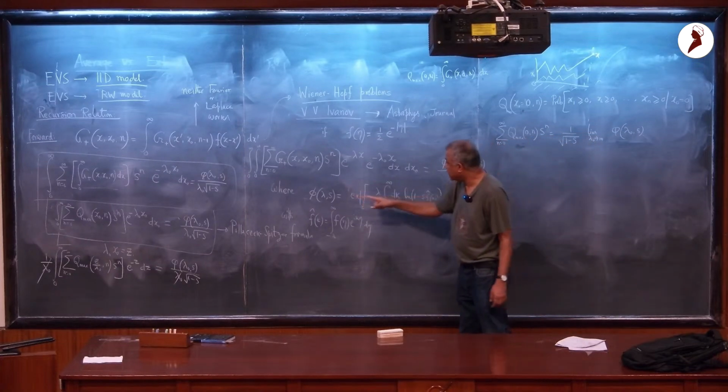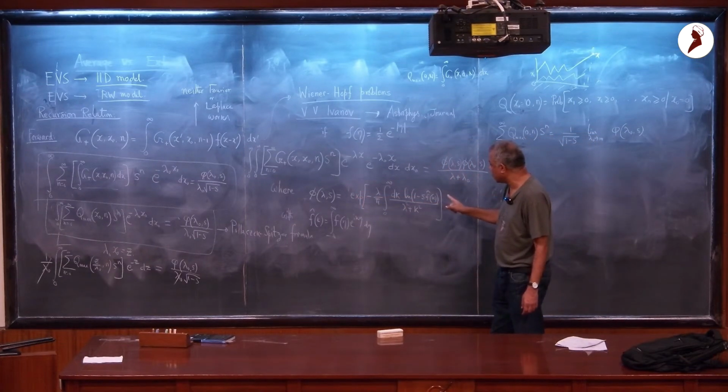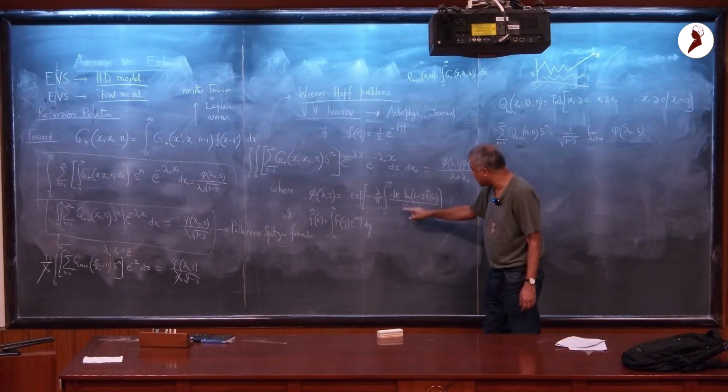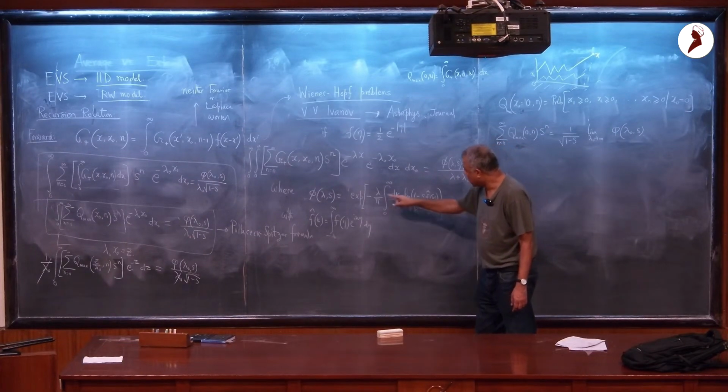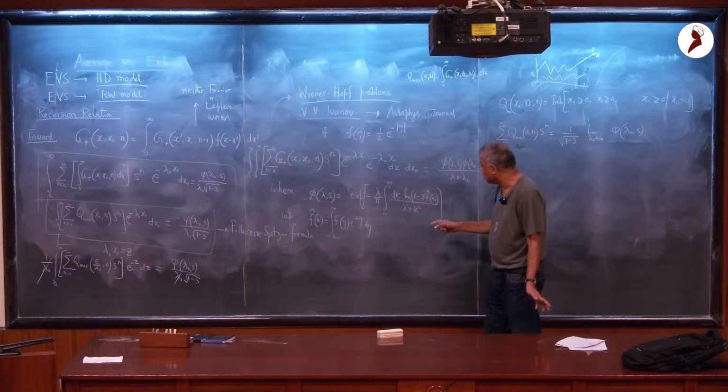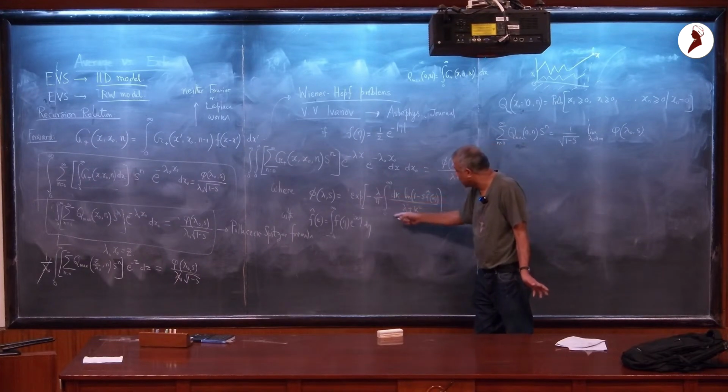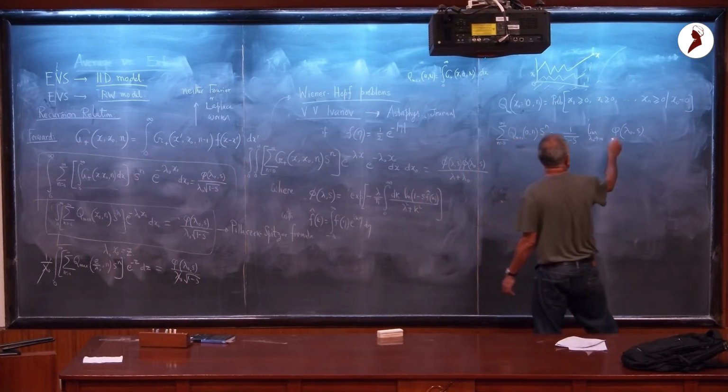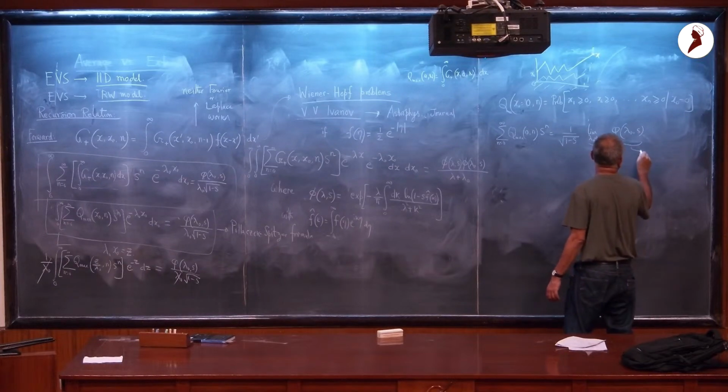Now, phi lambda is defined like this. When you take lambda naught to infinity, this guy is just lambda naught square, so the lambda naught cancels, and you get e to the power minus 1 over lambda naught times something which is finite. So in the lambda naught going to infinity limit, this whole thing goes to 0, and this object here just goes to 1.